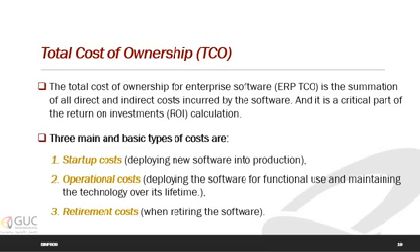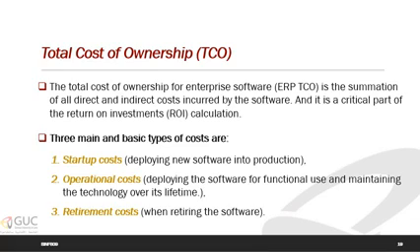Total cost of ownership is defined as the total cost of owning or using an asset or technology over its entire life cycle. Therefore, a total cost of ownership analysis examines every expense involved in making an investment. The total cost of ownership for enterprise software is the summation of all direct and indirect costs incurred by the software, and it's a critical part of the return on investment calculation.